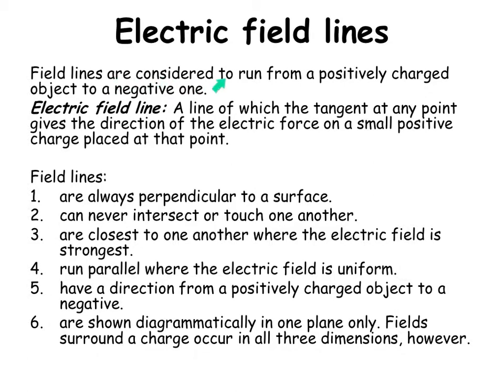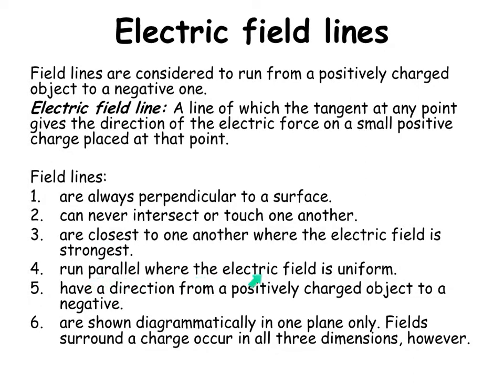Field lines are considered to run from positive towards negative. An electric field line is simply a line of which the tangent at any point gives the direction of the electric force on a small positive charge placed at that point. Field lines, you always draw them perpendicular to the surface. They don't ever intersect or touch one another. They are close to one another when you've got a strong electric field, and they are far away when you've got a weak field.